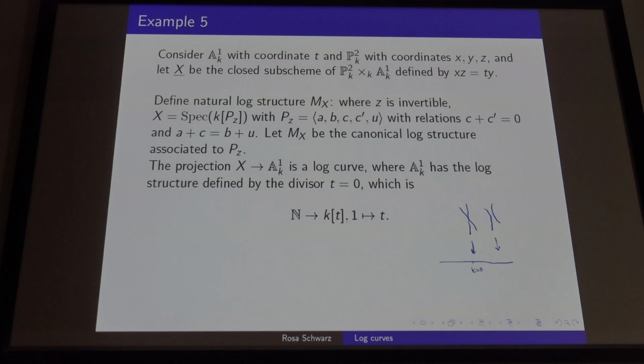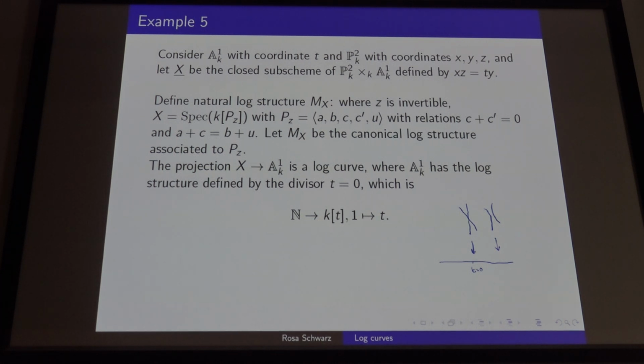And we have a plus c is b plus u. So that should be 2b plus u, if you insert y squared, then y in this case belongs to b. And then we have a monoid and we can take the canonical log structure associated to it.